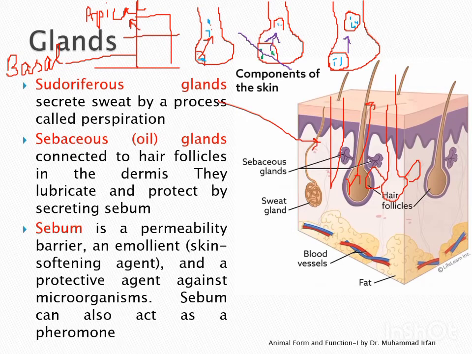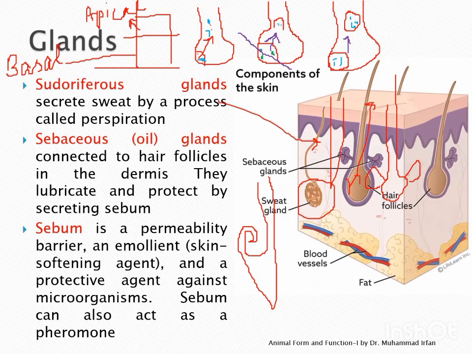The coiled portion produces the sweat, a fluid that is isotonic to the blood. It contains some salts like sodium chloride, ammonia, urea, uric acid, and lactic acid, and most of it is water.